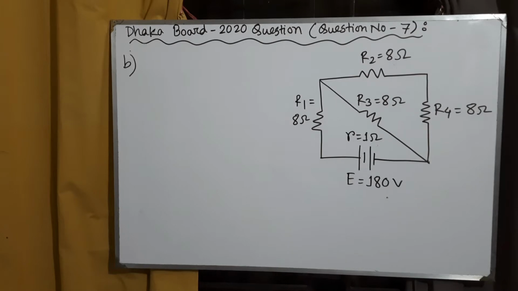Our question B is: why is a generator called the opposite device of a motor? The answer is, even though the structure of a motor and a generator is the same, since their type of work is different, a generator is called the opposite machine of a motor.